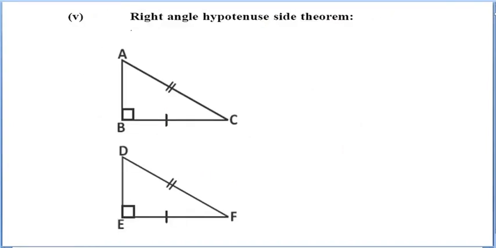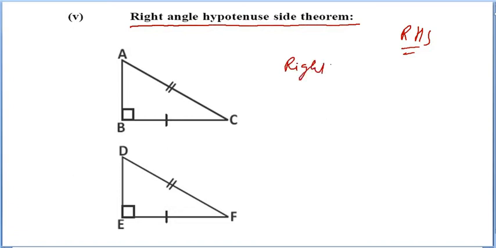Now come to the right angle hypotenuse side theorem, that is the RHS congruency. RHS: right angle, this one is a right angle, so it is 90 degrees, and this is also 90 degrees. Second is hypotenuse.